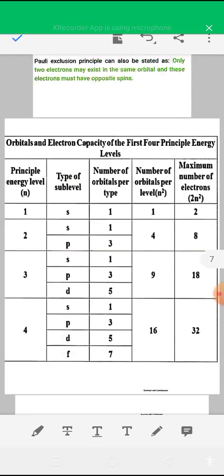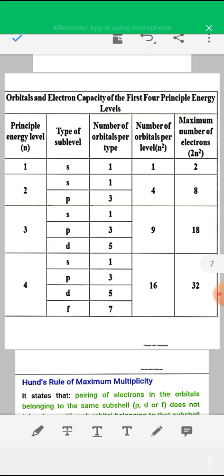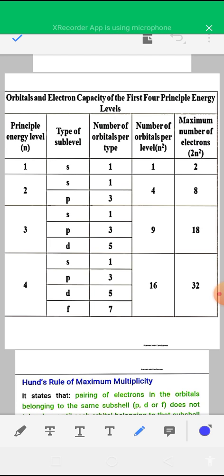Now see, here it is given the orbitals and electron capacity of the first four principal energy levels. When the principal quantum number n is equal to 1, then only the s subshell is possible, and in the s subshell only one s orbital. So the total number of orbitals in the first shell is 1, and one orbital can accommodate a maximum of 2 electrons.